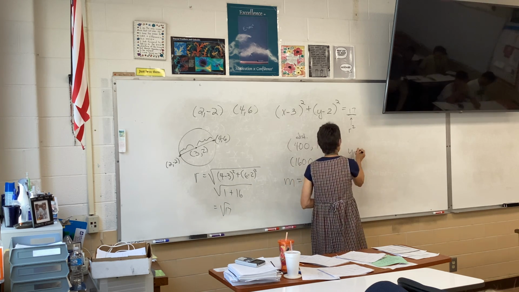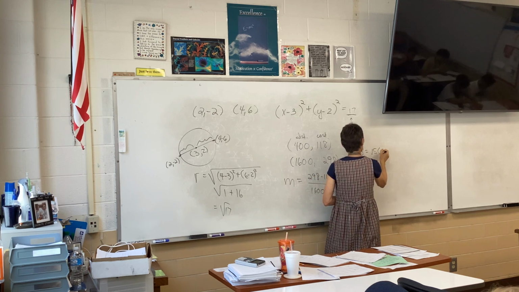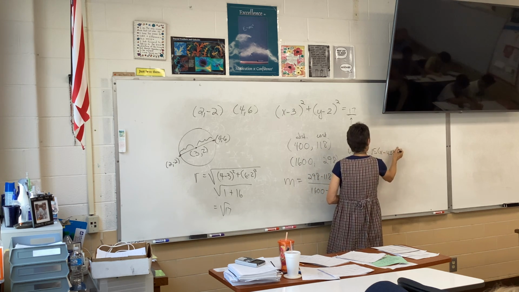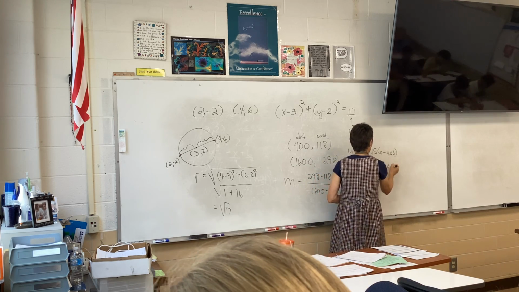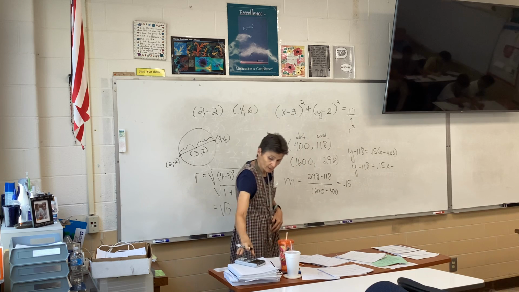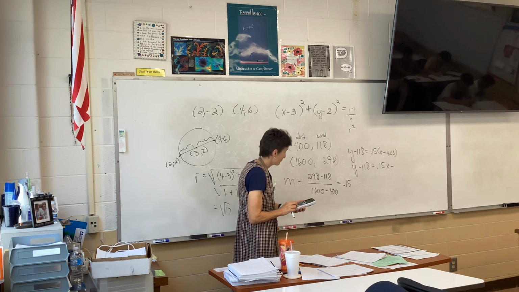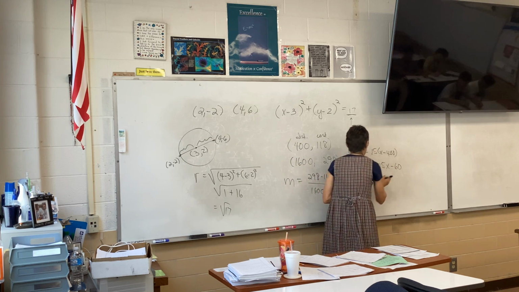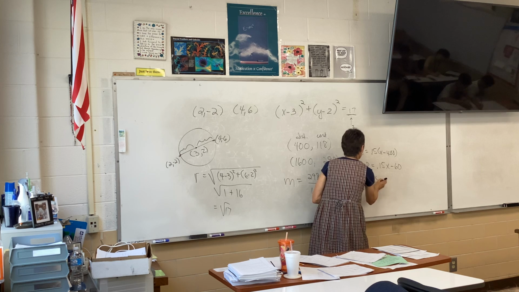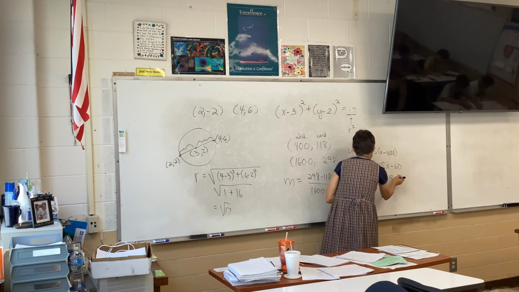So y minus 118 equals 0.15 times (x minus 400). I'm going to go ahead and put it into slope-intercept form. I got y equals 0.15x plus 58.